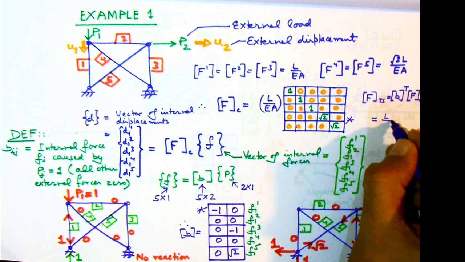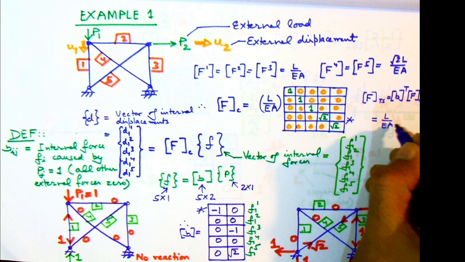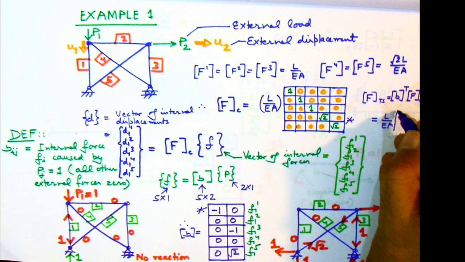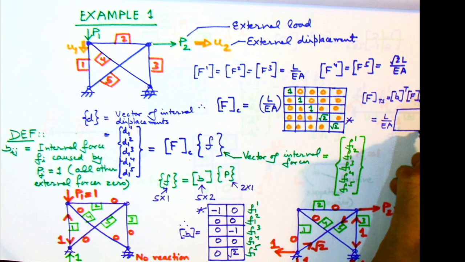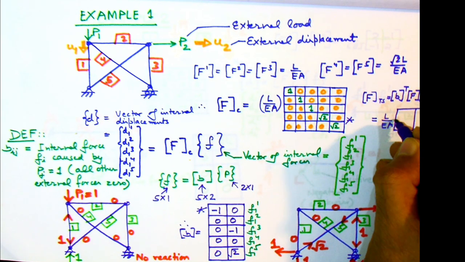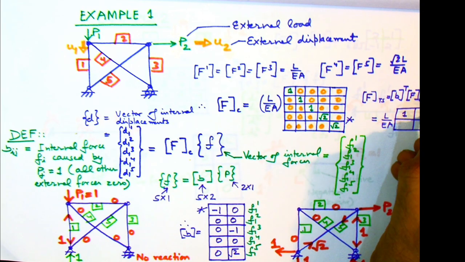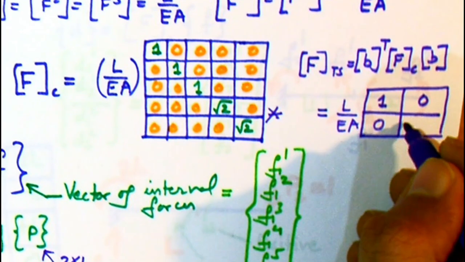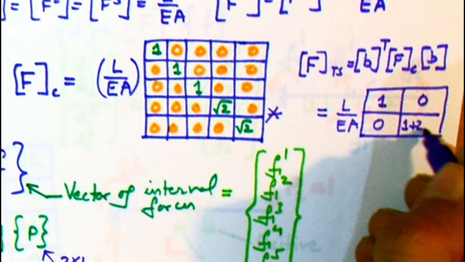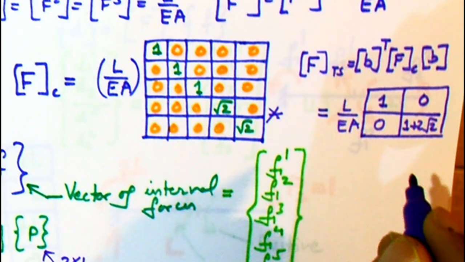Once we substitute, we get the final FTS, that is 2 by 2, and this is basically L by EA, which is common, and inside we have 1, 0, 0 and 1 plus 2 root 2. So this is the FTS.